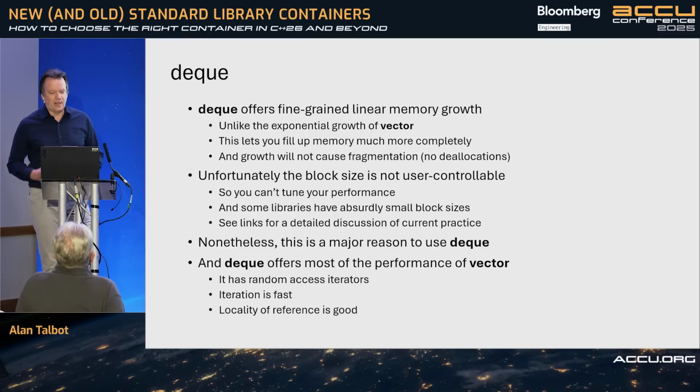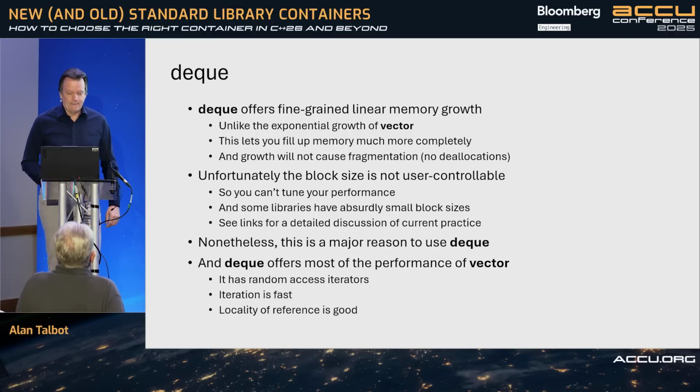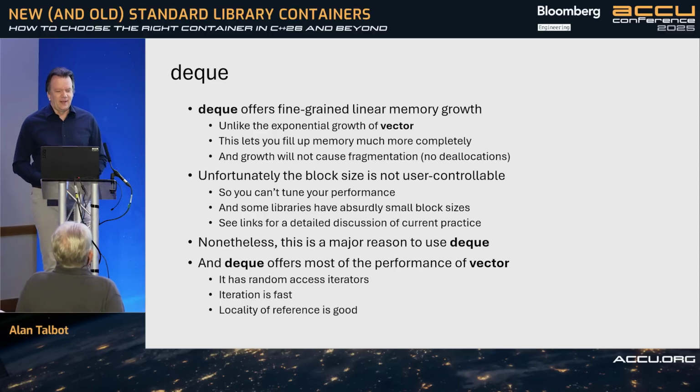Unfortunately, you can't control the block size, and that is a drag because you'd like to be able to tune that if you are, in fact, trying to fill up memory. Remember this, that you'd like to be able to tune that. And some libraries have absurdly small block sizes. We're going to see how that affected my life in just a minute.